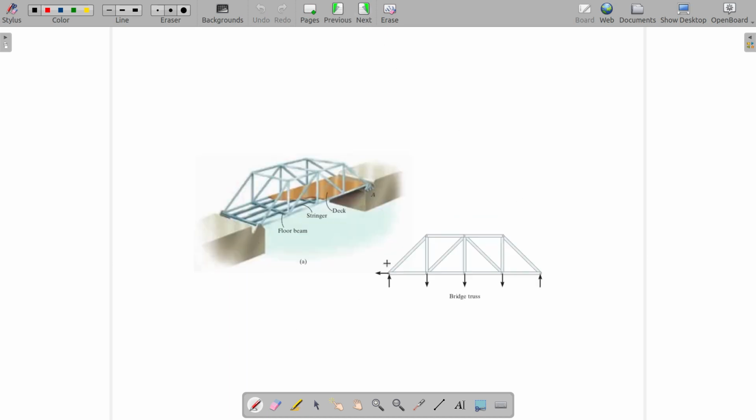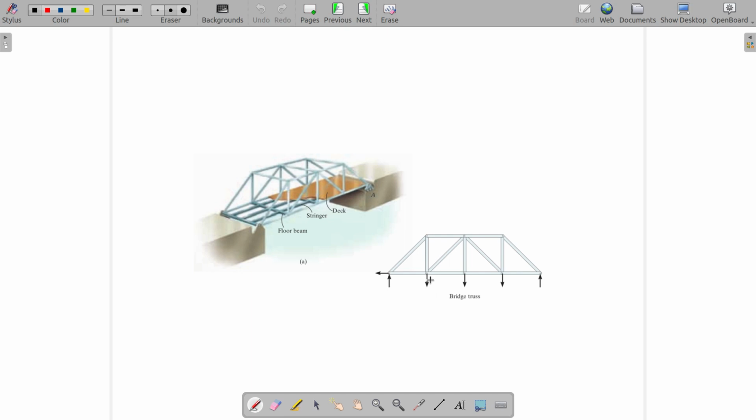Here you can see another truss. This is essentially a bridge. If you see the skeleton of the bridge, you can see that it is made by connecting different members. And when a vehicle is passing through the bridge, loads will be there on the bridge. It won't be on the joints, but the support system through which vehicles are passing is usually connected to the joints.